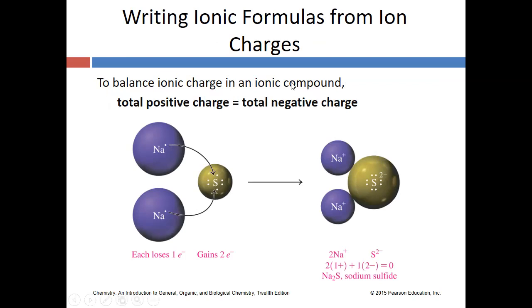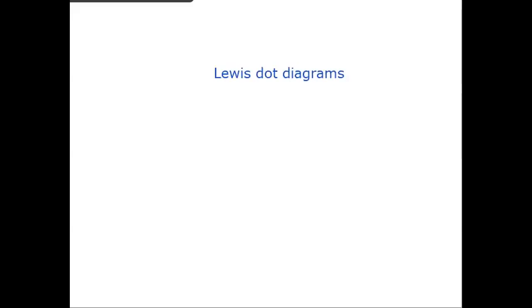Now, before we move on to this, I want to take a quick aside here and talk about Lewis dot diagrams. What I'm referring to there, you can see in these pictures here: the sodium has this symbol with a dot around it, and the sulfur has a number of dots around it as well. Where does that all come from?